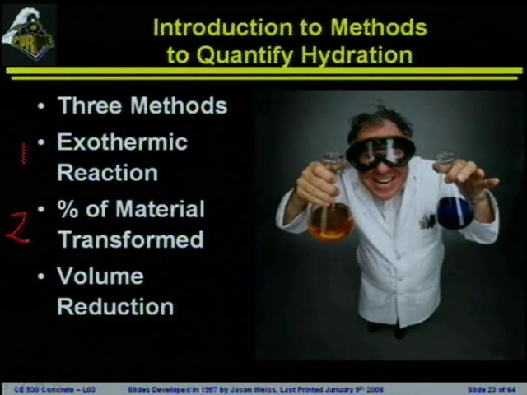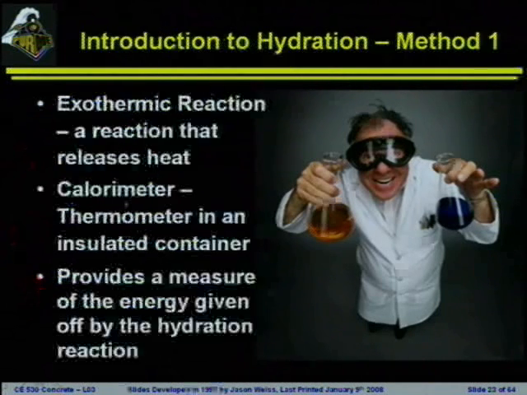Two will be based on the percent of material that's been transformed, the amount of cement or the amount of water that's been used up. And three will be based on the fact that the overall volume of the system changes due to the reaction. So we'll go through these. Each one of these should give you complementary information. Each one should be able to tell you how much of the hydration reaction is taking place.